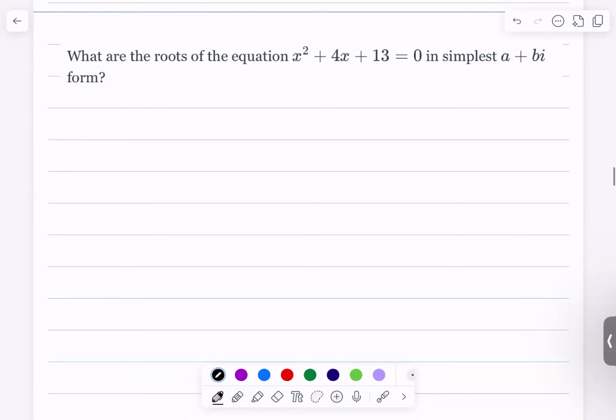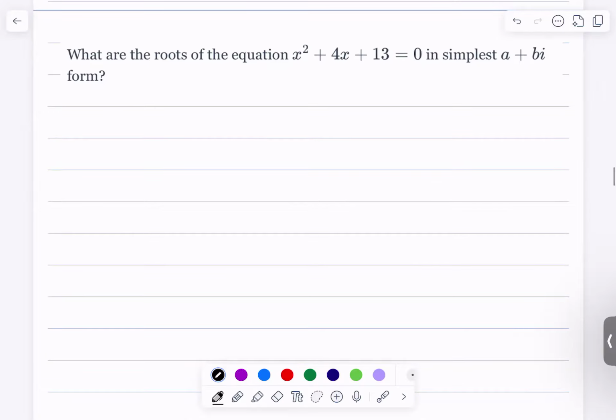And remember the quadratic formula, right? Our first move is to make sure that our equation equals 0, which it does. It's already equal to 0 here. So from here, we can get our A value, which is 1, our B value, which is 4, and our C value, which is 13.